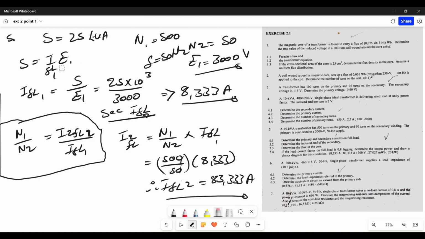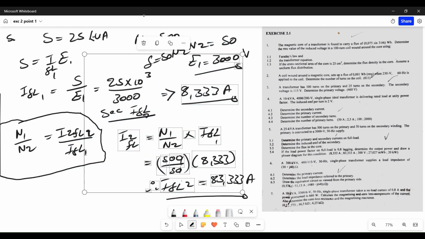Okay, so let me create space for question 5.2.